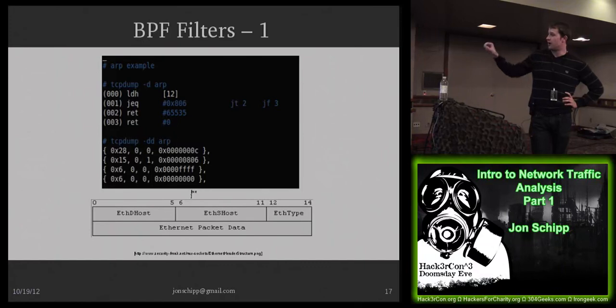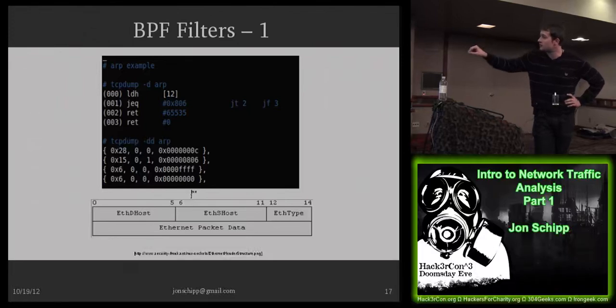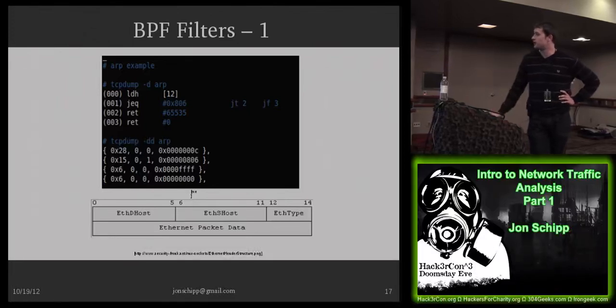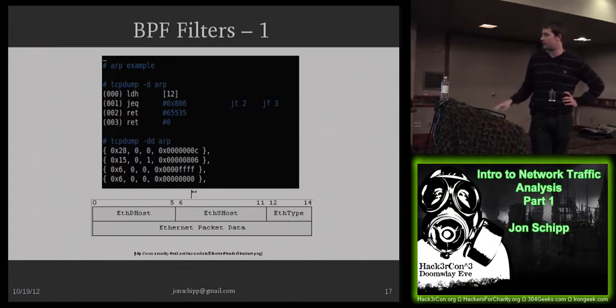If that value is equal to 0x806, that basically says the ARP bits are set in that frame. If that's set, then return the full packet, with the value of 65,535. And if that's false, then jump to instruction 3 and return nothing.